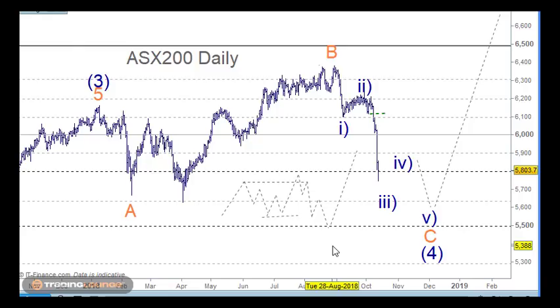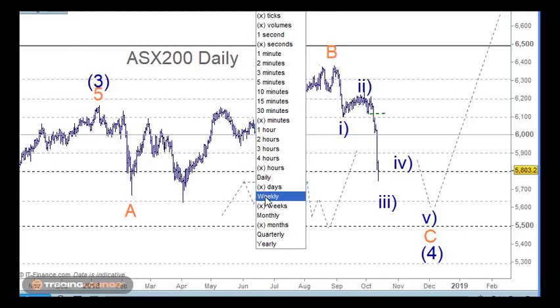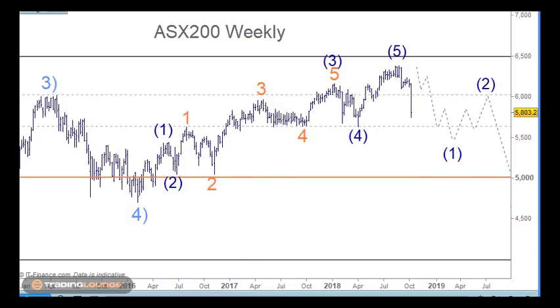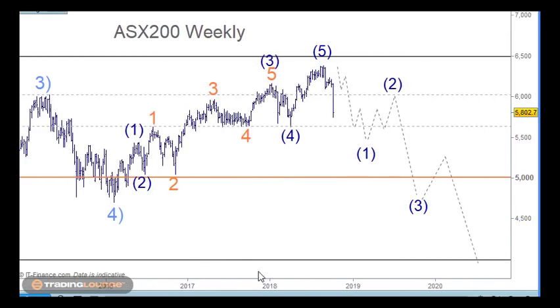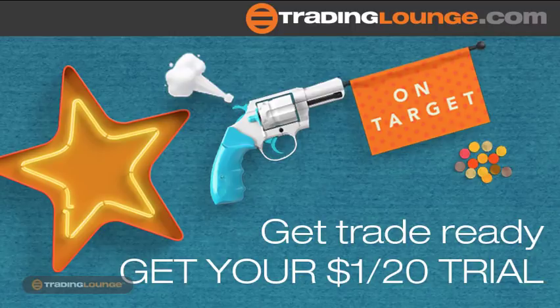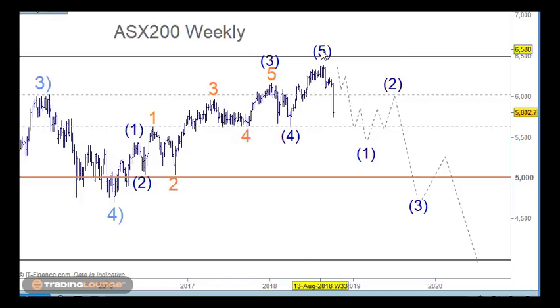Now, the other count for this, I'm going to go to the weekly chart for this. And this has a top in play here already. So with wave 4 here, looking for 1 and 2 and 3 and 4 and 5 here for wave 5.